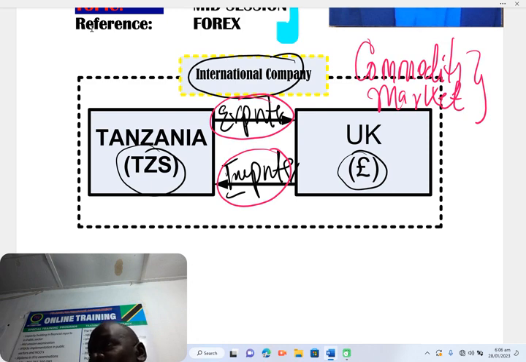You see? And somebody who is exporting goods, then he is selling. So even we have VAT on international transactions. That one will be dealt with in tax 1 and tax 2.